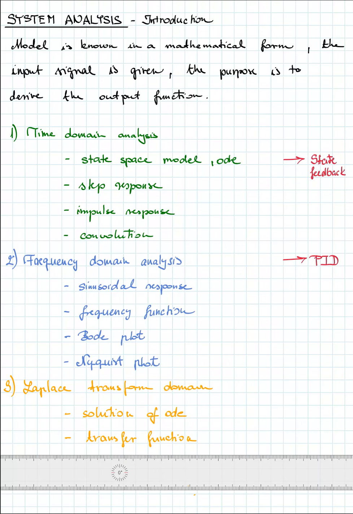So these are the two routes on which we are going to go to controller design. So the question is, why do we need system analysis? We need system analysis to make the basics for controller design.